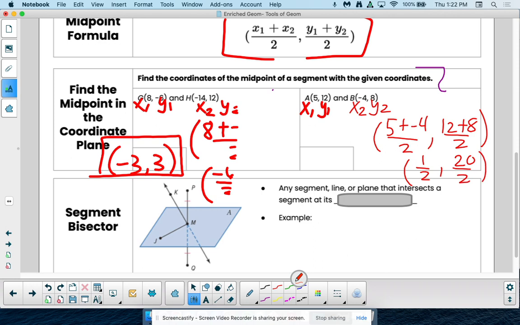You guys get a final answer? Are we okay with 0.5 and 10? Yep. Good job.